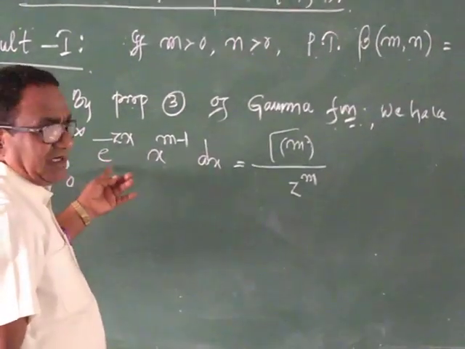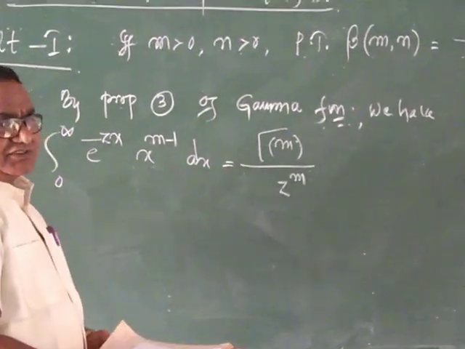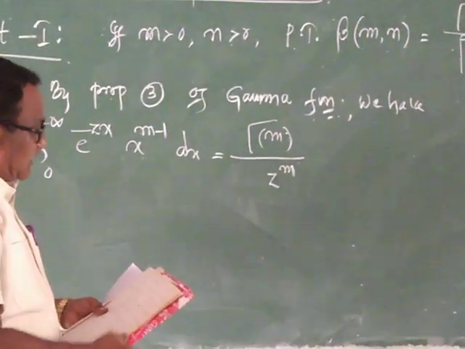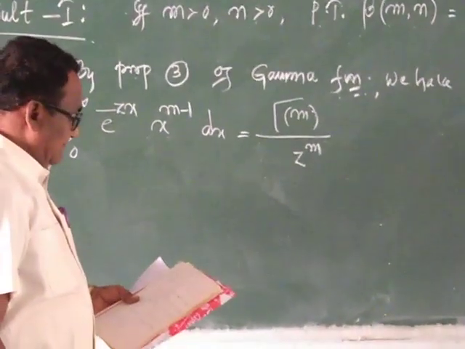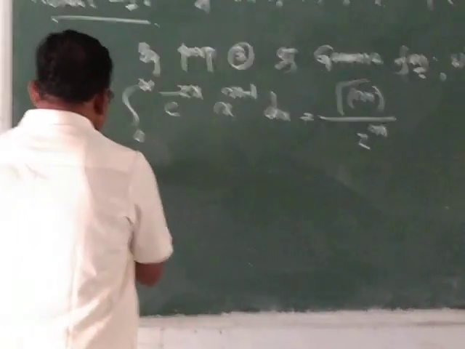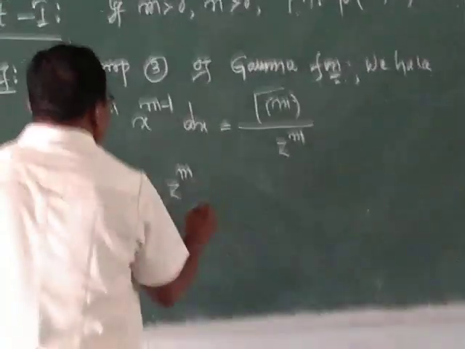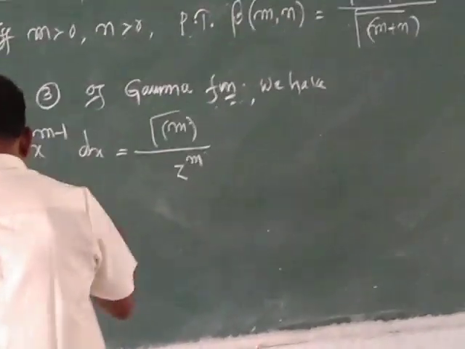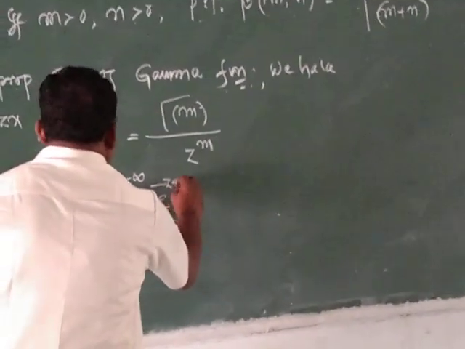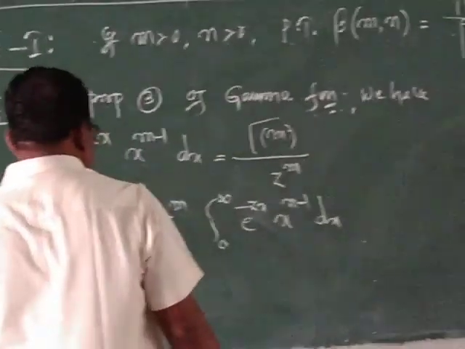Therefore, you can say what gamma m is by this relation. This implies that gamma m is equal to z to the power m into the integral from 0 to infinity of e to the power minus zx into x to the power m minus 1 into dx.